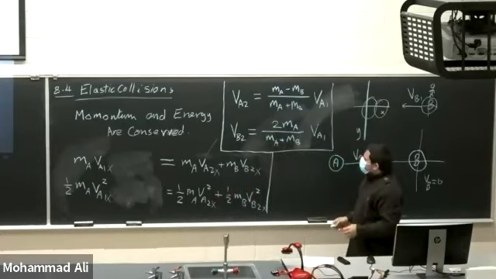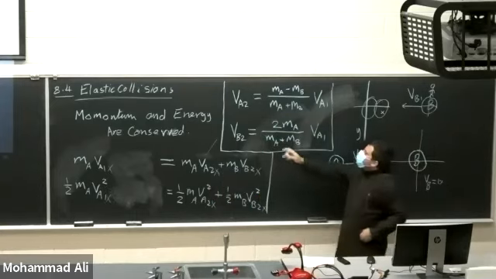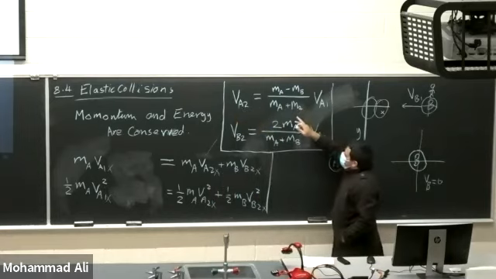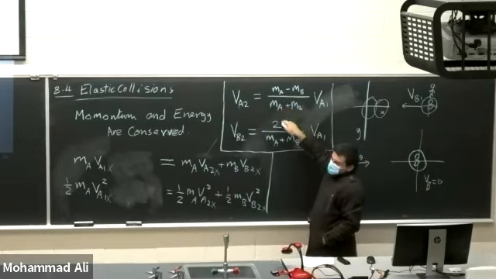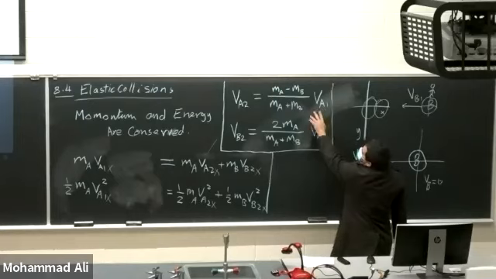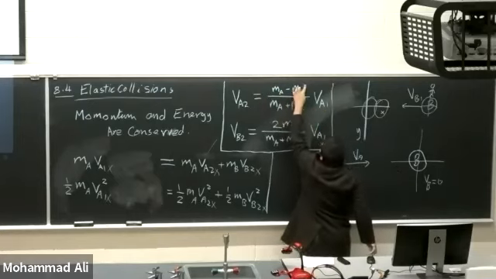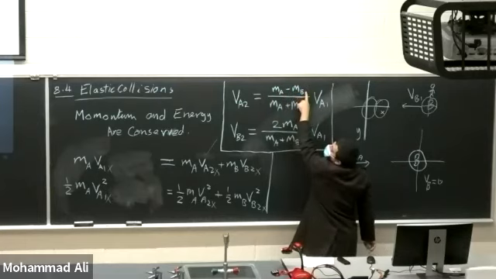Now, the velocity of the object A after the collision is equal to the mass A minus mass B over the sum of the mass A and B, multiplied by a velocity. The numerator has units of kilogram because it's mass minus mass.